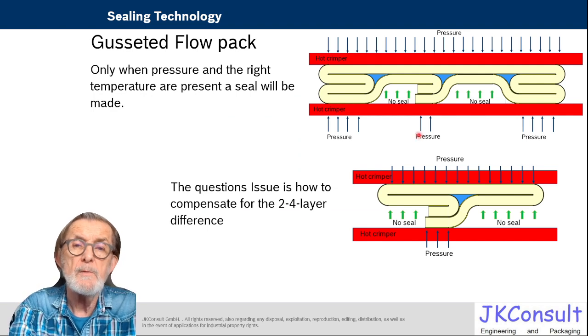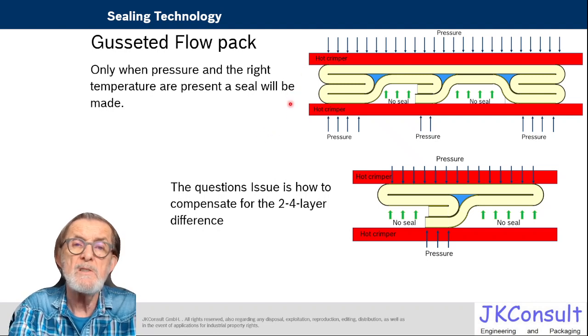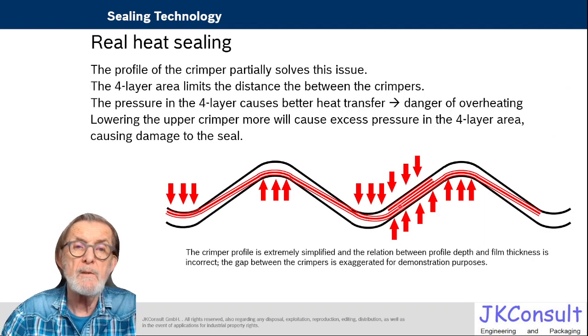We have to recapitulate what we discussed in the last one. To make a seal we need pressure and temperature simultaneously. And the problem is, how do we solve this problem of the 4 and 2-layer area? Now, the crimper profile here plays a role.